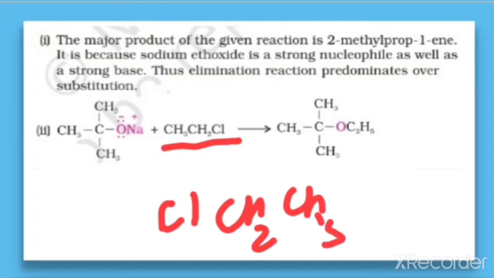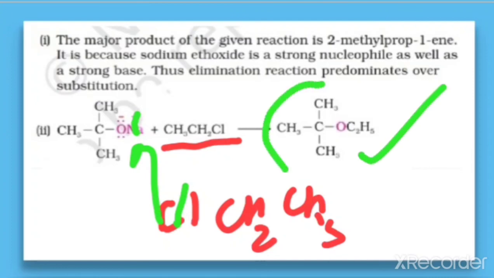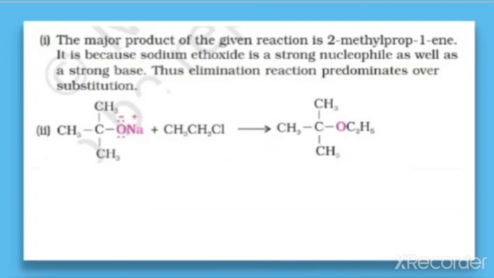Now you can remove Na from here and Cl from here, and this part gets bound here. So that results in the formation of this product, tertiary butyl ethyl ether. That results in the formation of the ether in this way.